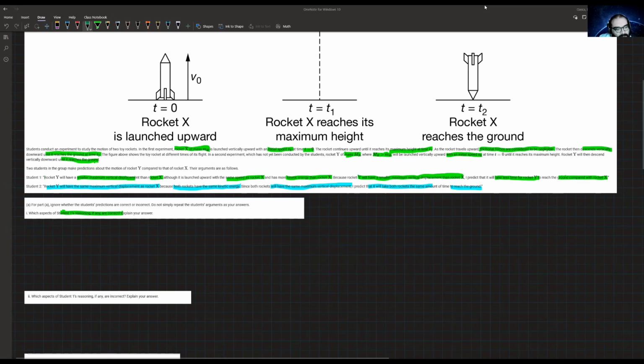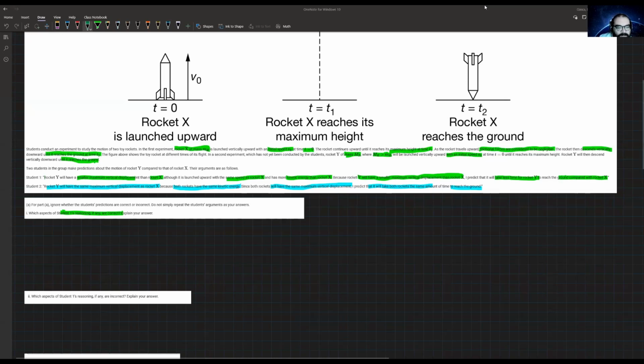So I'm going to say that student 1 is correct in saying both rockets are launched with the same speed. That's one thing they did say correctly. They told us that the initial speed is v naught and the initial speed is v naught as well. So I would agree with that.